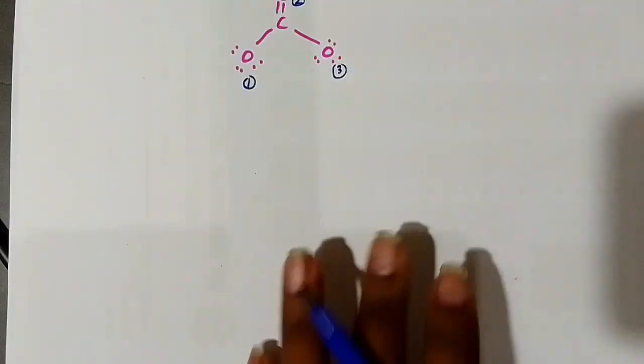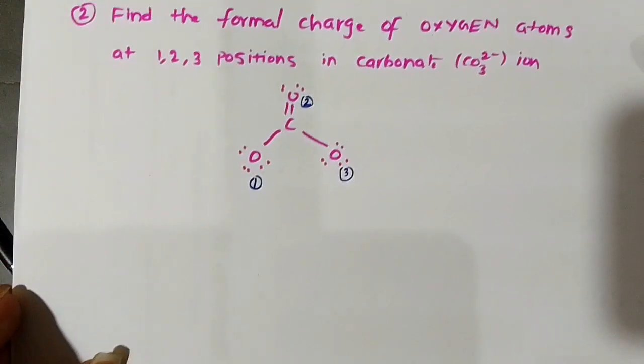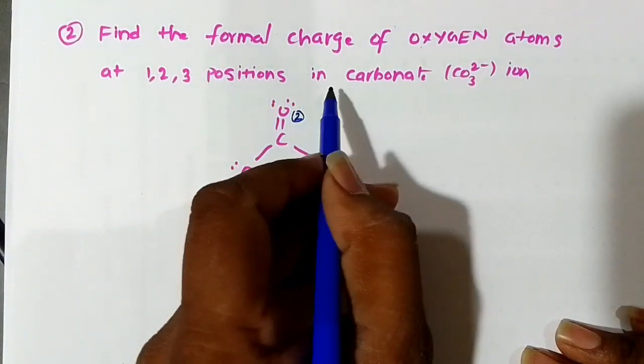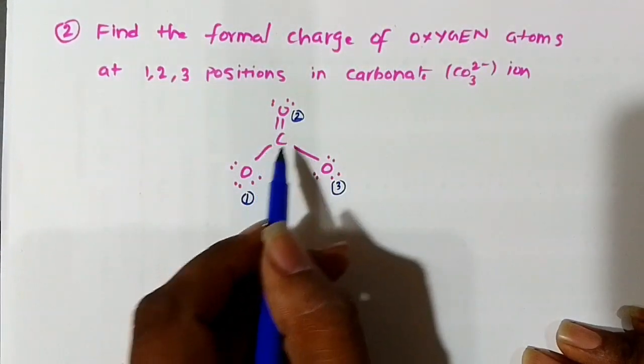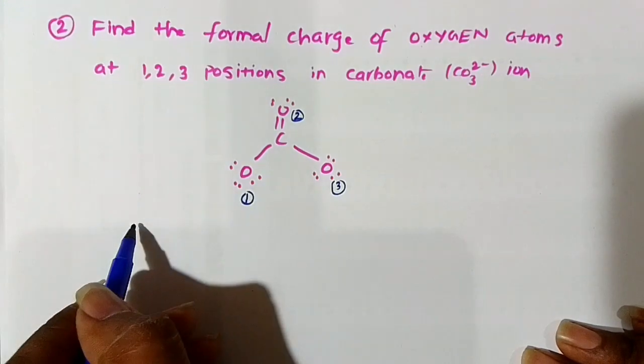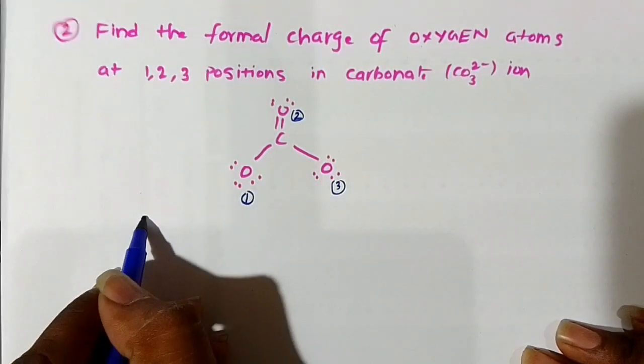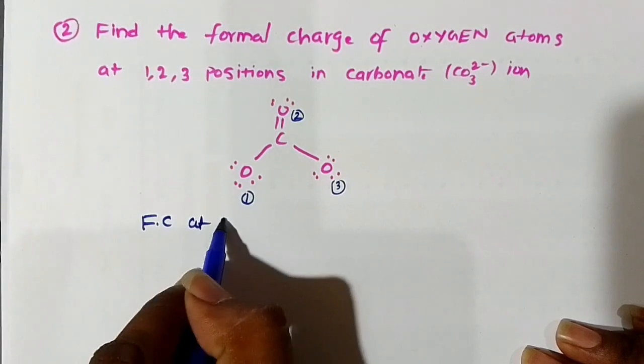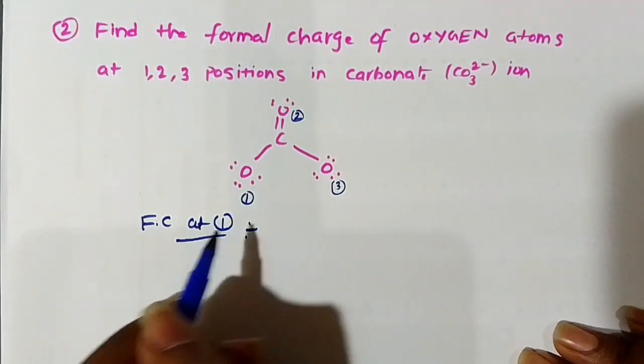Next example. Find the formal charge of oxygen atoms at 1, 2, 3 positions in carbonate ion. This is the structure of carbonate ion. First, the formal charge at position 1.